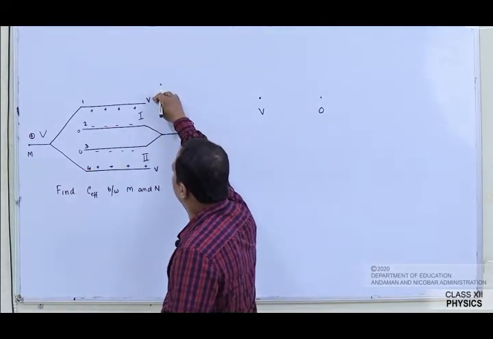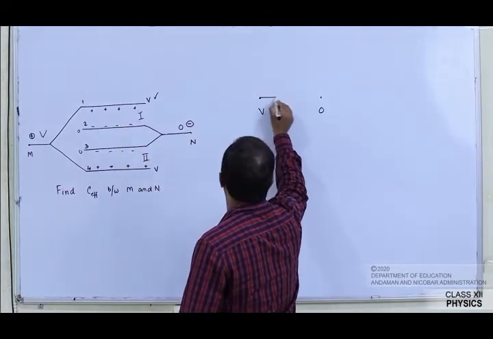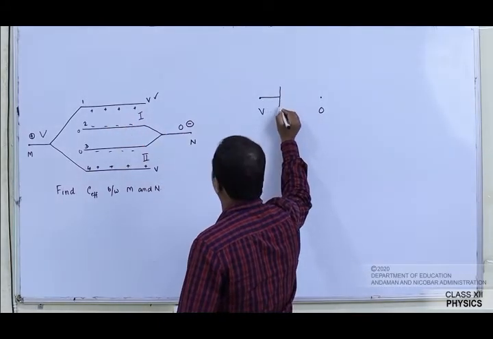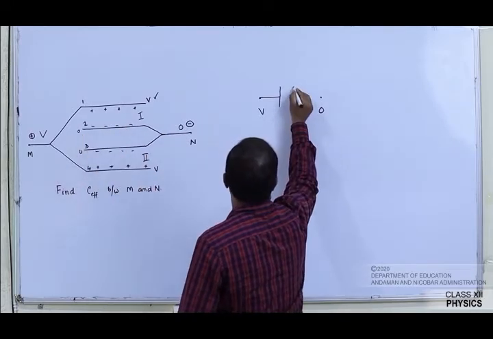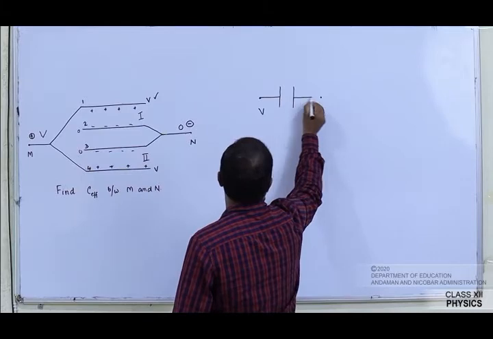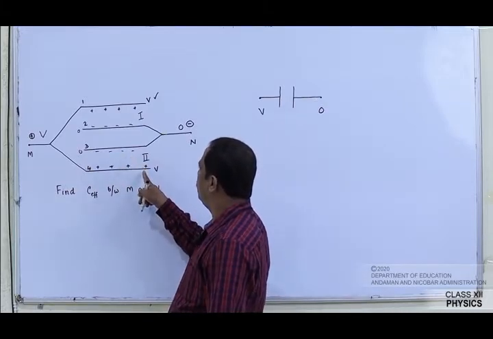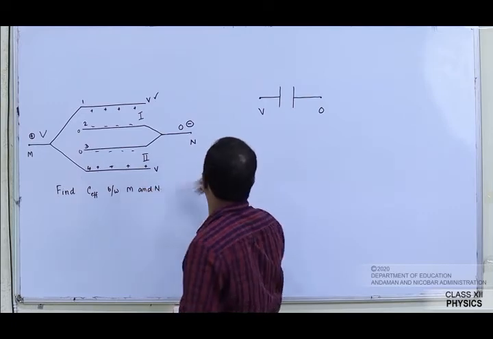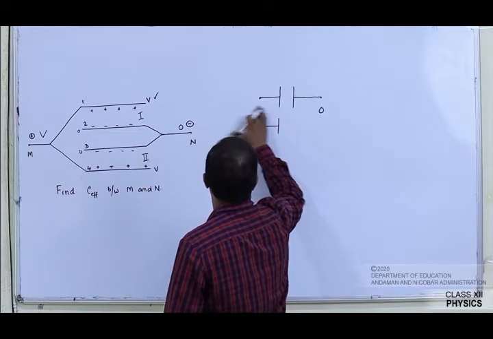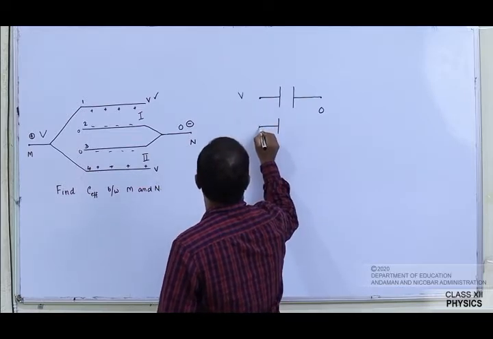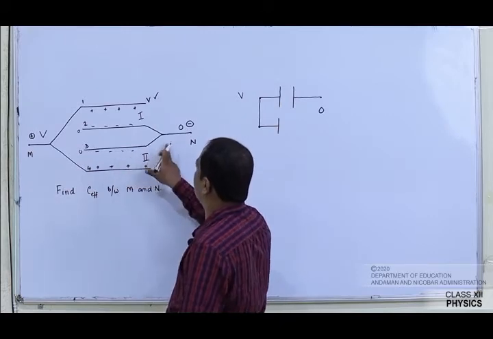Let me say this is V for me and this point is 0 volt for me. For the first capacitor, one plate is connected to V, so I draw one plate connected to V. The second plate of the first capacitor is connected to 0. For the second capacitor, one plate is connected to V and the second plate is connected to 0.